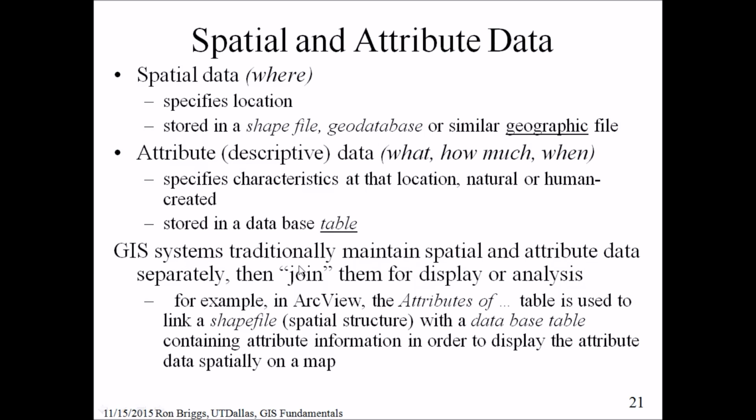So a GIS traditionally maintains spatial and attribute data separately, and then joins them for display or analysis. For example, in ArcView and ArcGIS, the attribute table is used to link a shapefile with a database table which contains the attribute information in order to display the attribute data spatially on a map.